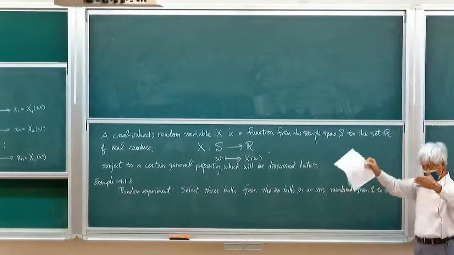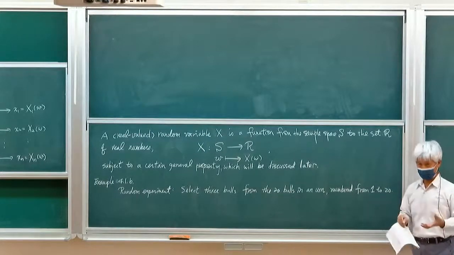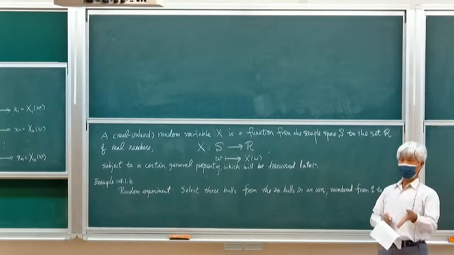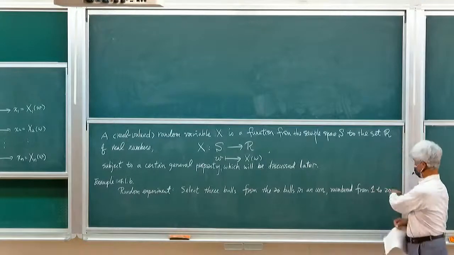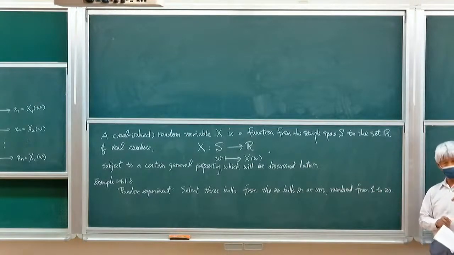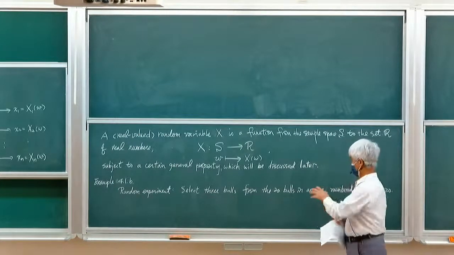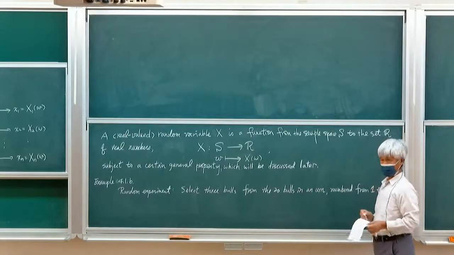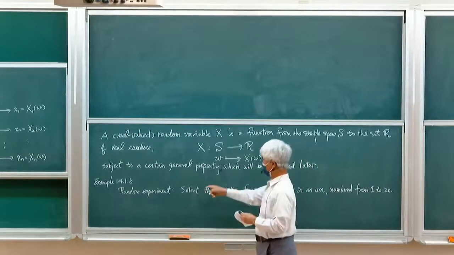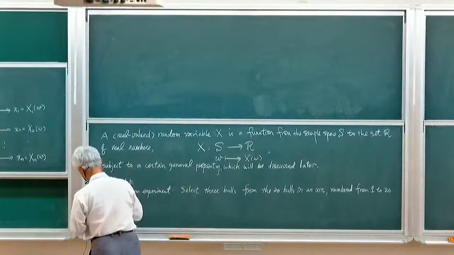So in an urn, there are 20 balls, numbered from 1 to 20. So ball 1, ball 2, ball 3, etc., up to ball 20. And we will select 3 balls from the 20 balls. This is the running experiment.